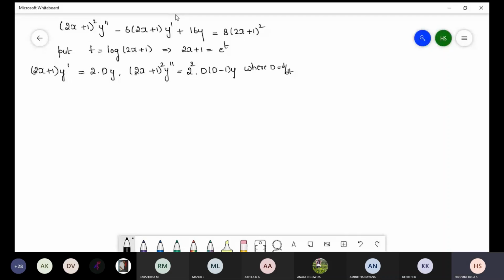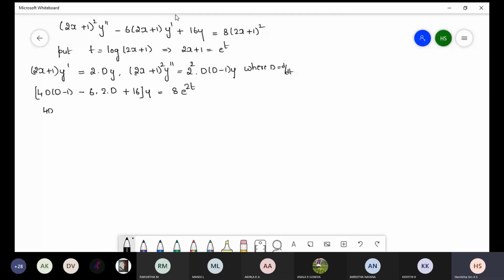Substitute the same in the above equation. So 2 square means 4, D(D minus 1) minus 6 into 2, here I will write 6 into 2 into D, plus 16 whole into y is equal to 8 into (2x+1) whole square, which means e power 2t.